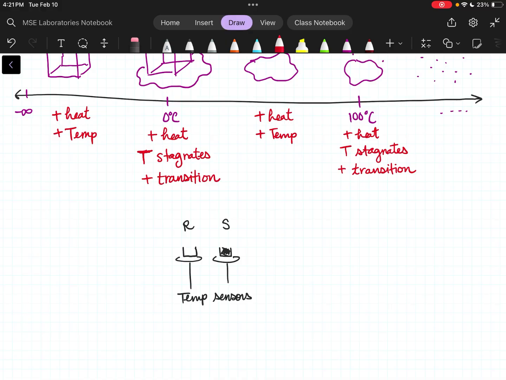And I am going to fill some sample material into my sample crucible. And then I am going to surround it with a furnace, heating coils. It is a furnace. And that furnace provides heat energy.